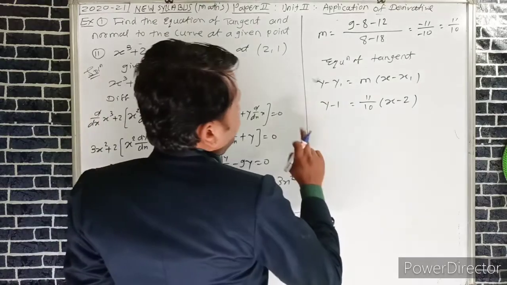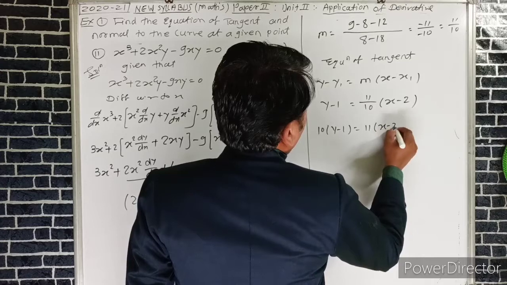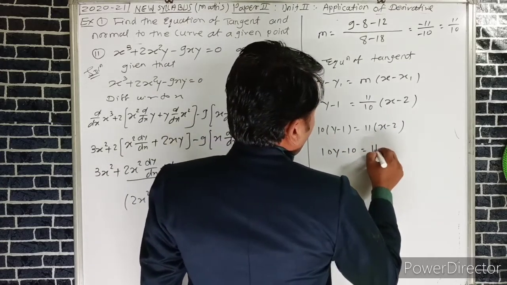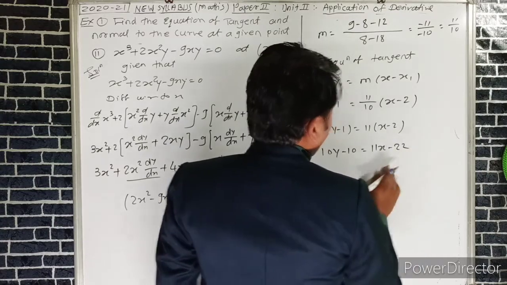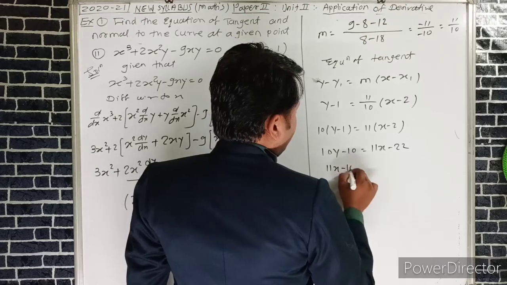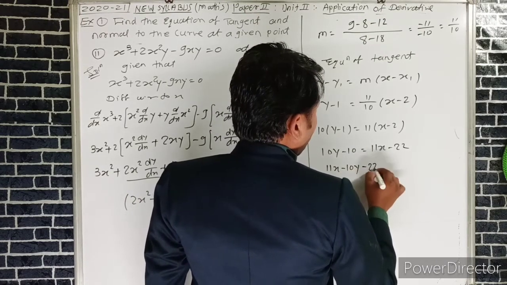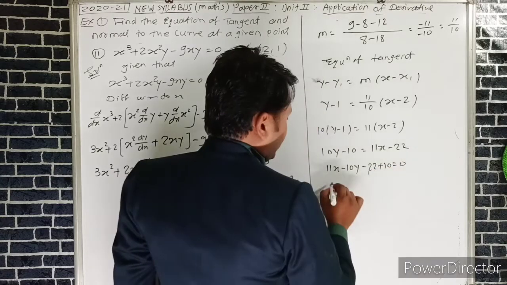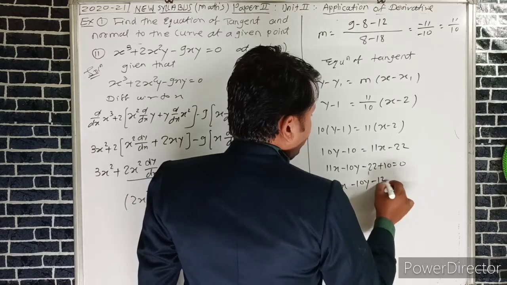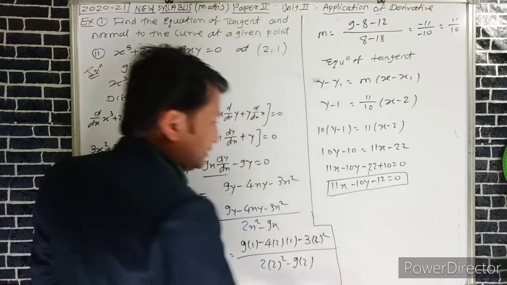Taking the 10 to the left side, 10 times (y minus 1) is equal to 11 times (x minus 2). So 10y minus 10 is equal to 11x minus 22. Shifting to the right side, 11x minus 10y minus 22 plus 10 equals 0. Hence 11x minus 10y minus 12 is equal to 0, which is the required equation of tangent.